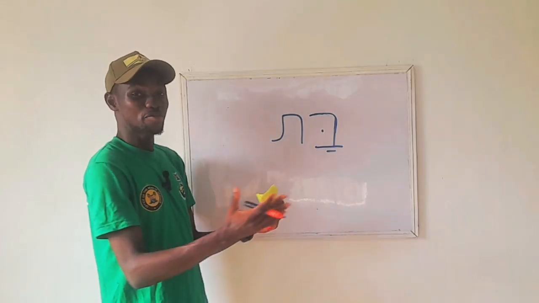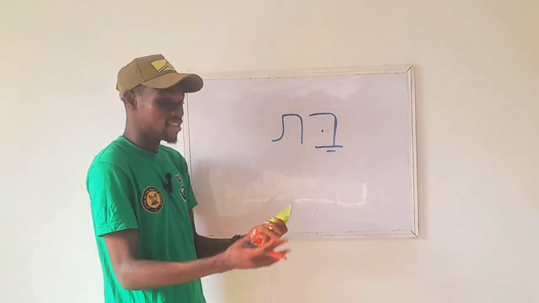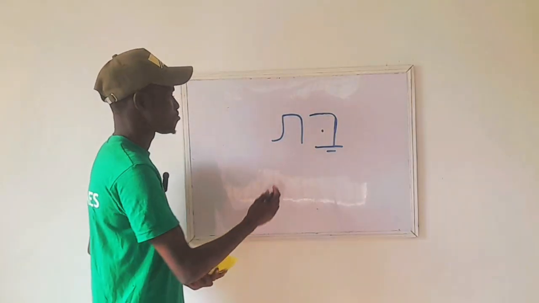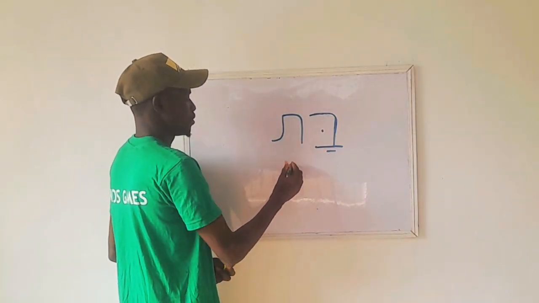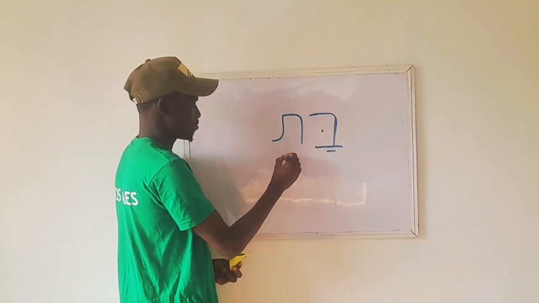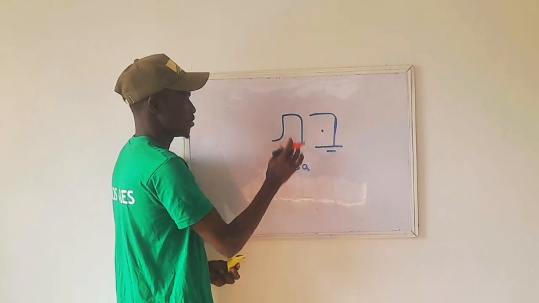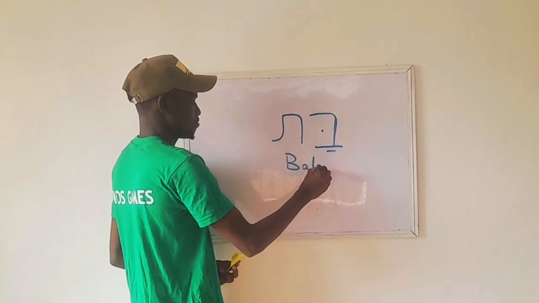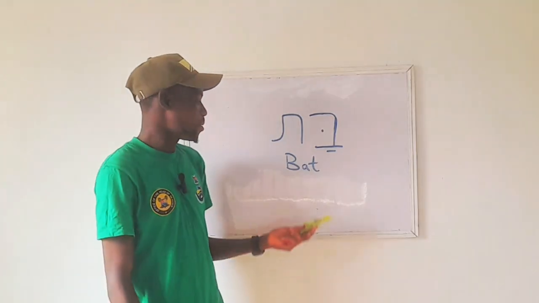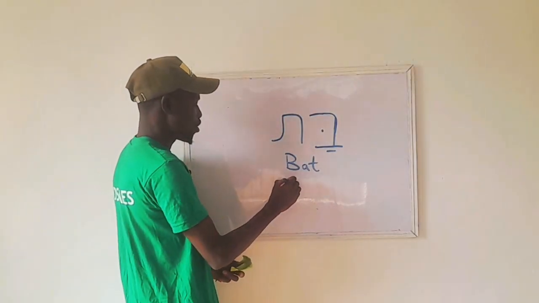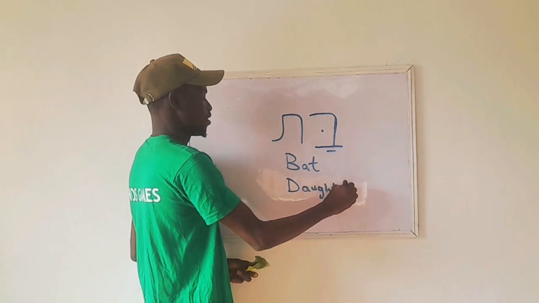Now you should practice pronouncing it without writing it too, so that if you see a Hebrew Bible, you'll be able to read it. So this is bet, this is A, and this is T. So we have bat, and that's the Hebrew word for daughter.